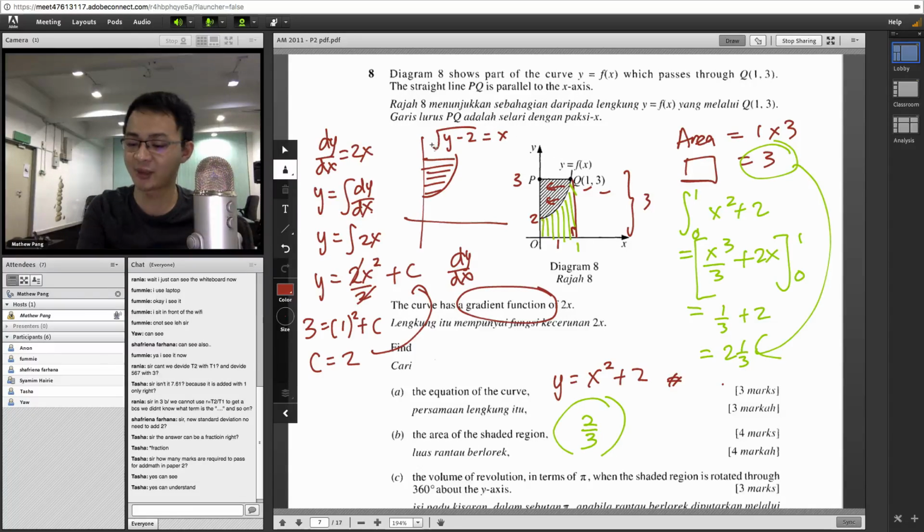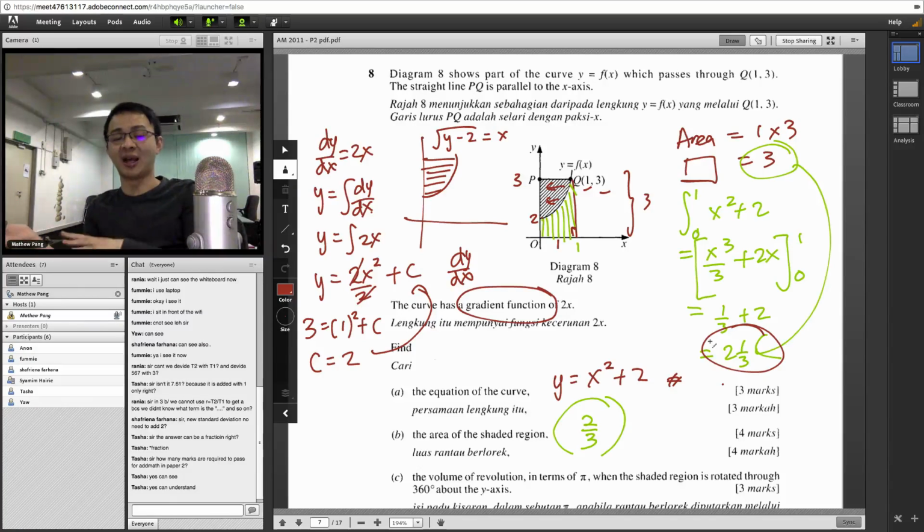The square I move to the other side becomes a square root. The hard part is that you have to integrate the equation with the square root, so you will have a lot of things to do. But I believe you will get the same answer as well. I prefer you to use the first method I taught just now. I think it's easier.